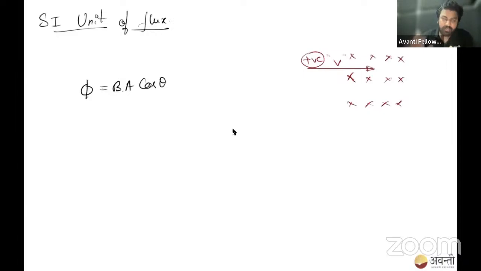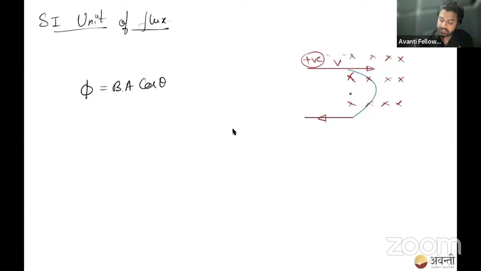By the right hand palm rule you can find the direction of that force, and it will act in such a way that the particle does a circular motion, and finally it will come out.